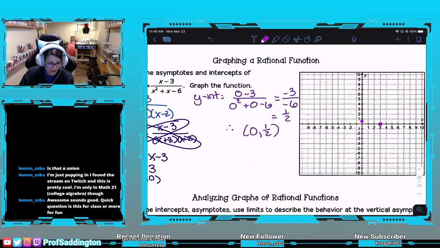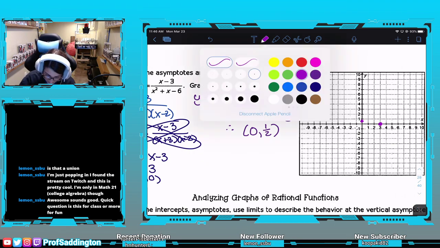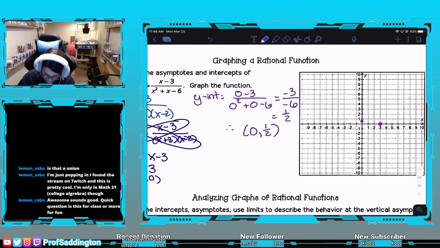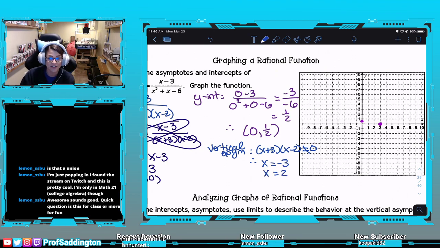All right, and now we got to look for some asymptotes. Let's do vertical asymptotes first. It's a sad day. All right, so it's when our denominator cannot equal 0. So we already know we have x plus 3 and x minus 2 cannot equal 0. So therefore, our vertical asymptotes are going to be negative 3 and positive 2.